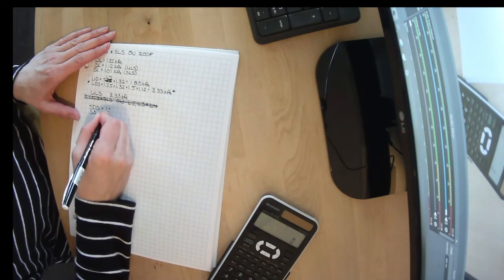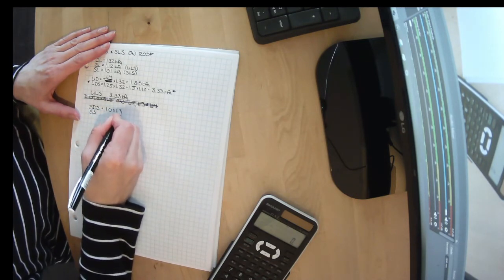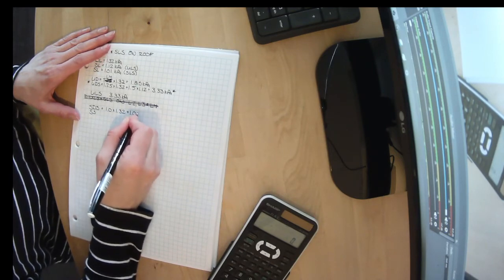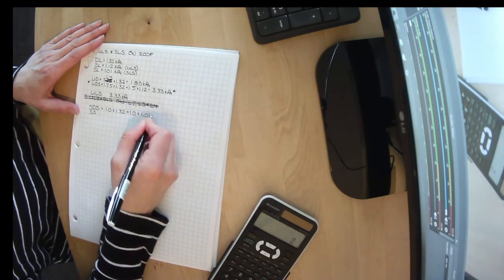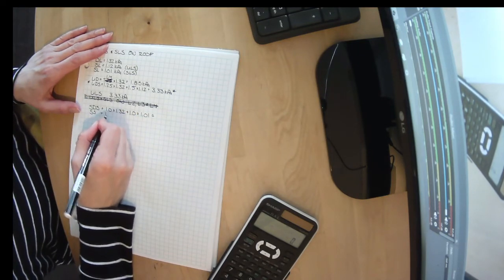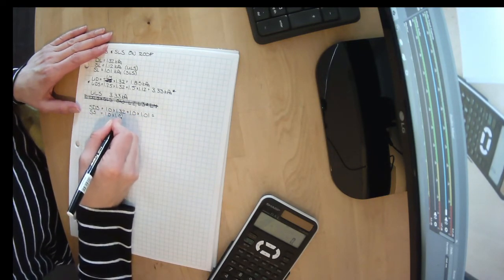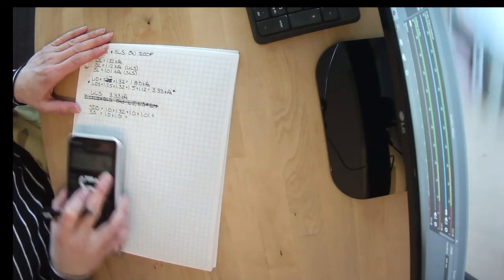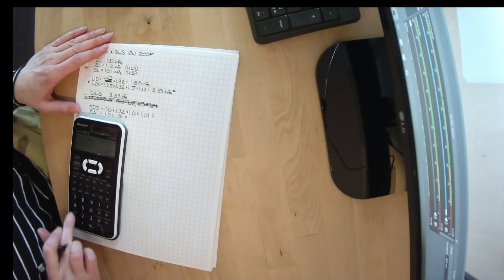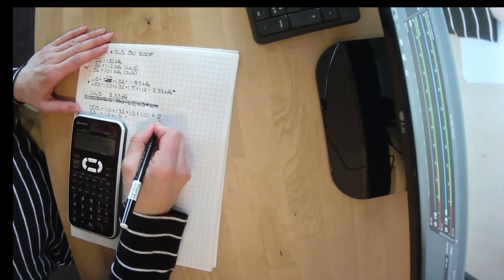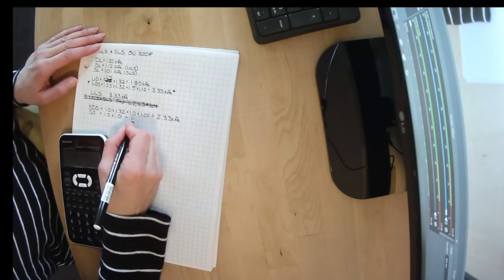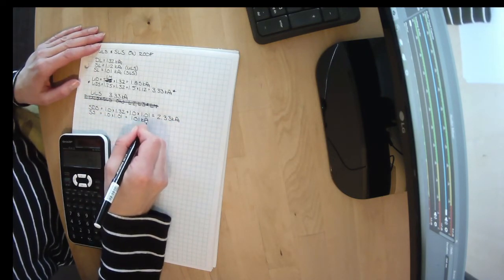And that was 1 times 1.32 plus 1 times 1.01. And this is just 1 times 1.01. 1.32 plus 1.01, we have 2.33 kPa and 1.01 kPa.